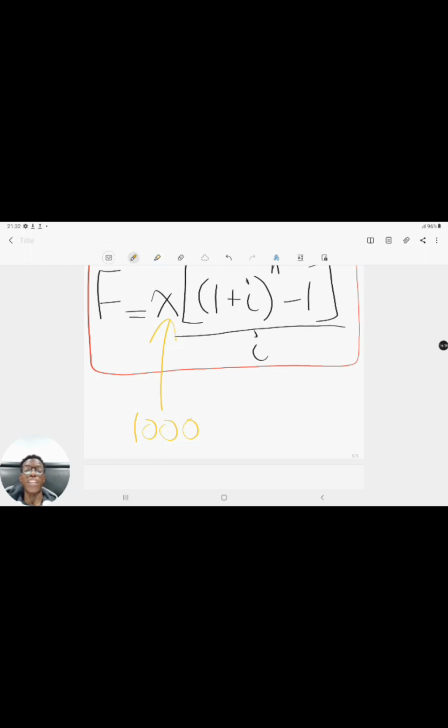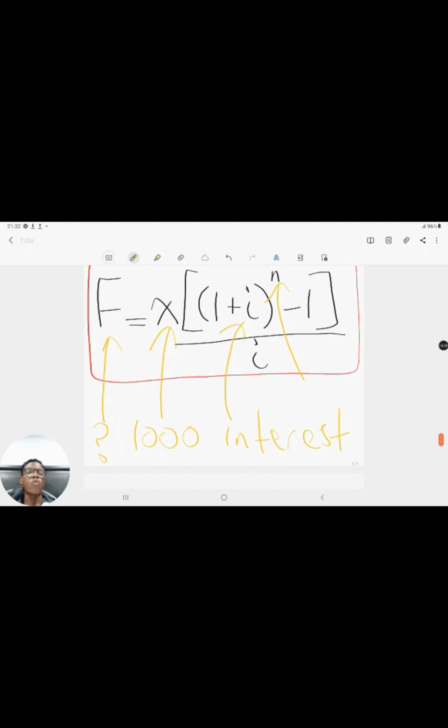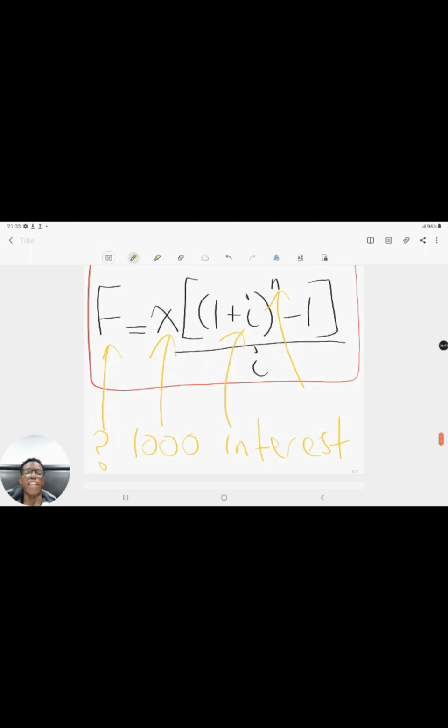That's the amount that accumulates interest. And i is obviously your interest rate, how much your money is growing by, and F is the actual future value that you get at the end of your term. And n is the period, the time that you want to invest your money for.